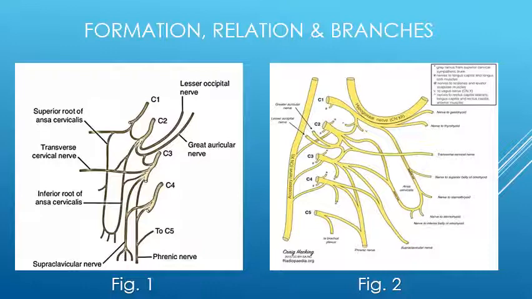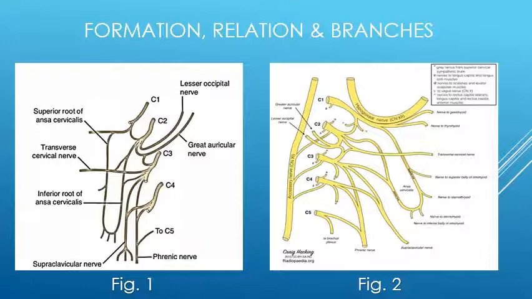You can see it. Then a branch is also given by it, and that is the phrenic nerve, which is going to supply the diaphragm. Then the other muscles, longus colli and scalene muscles, are also supplied. All these muscles are supplied by the cervical plexus along with the brachial plexus and the accessory nerve.